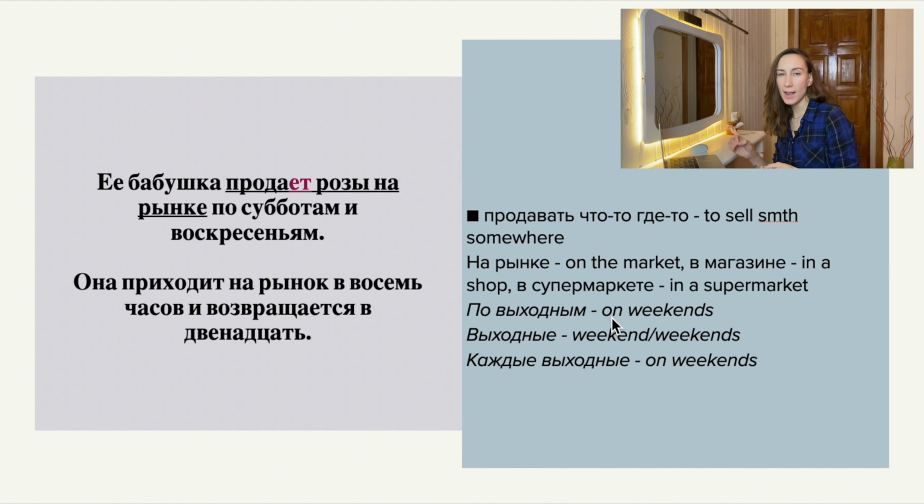We add the letter S to the word and we understand that we're talking about 2 or 3 Saturdays and Sundays at the same time. But in Russian, we don't change the word выходные. So when you use this word, the person you speak to doesn't usually get the right idea of how many Saturdays and Sundays you mean. So if you want to be clear about this, you can say каждые выходные. That will mean on weekends.